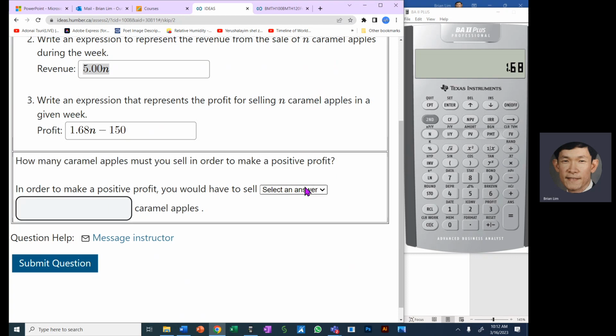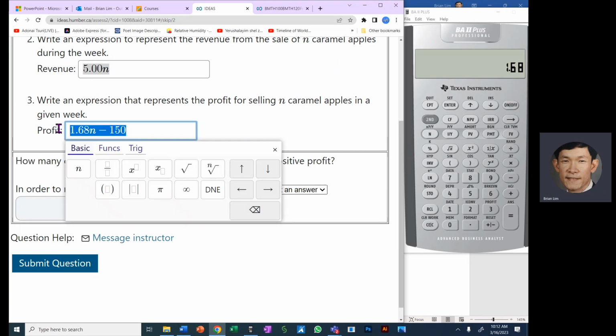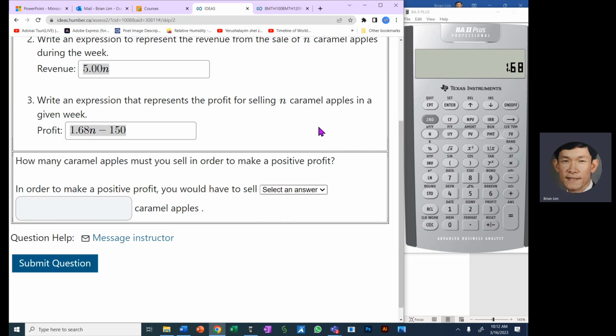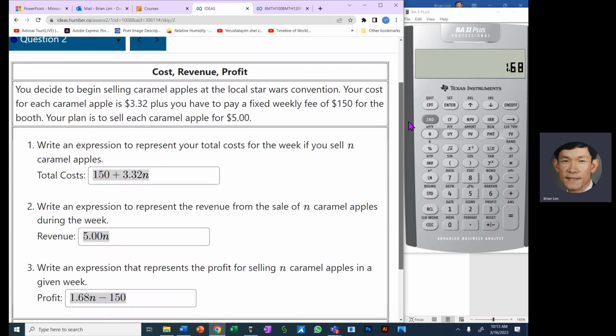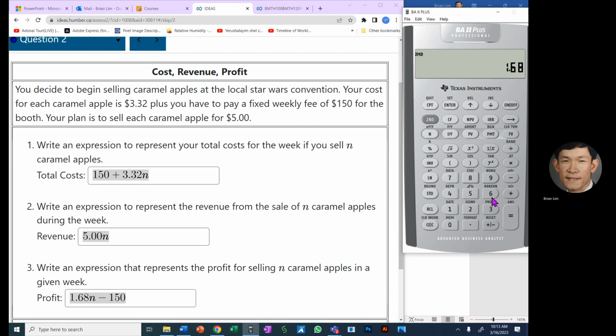So let's calculate the break even. We can take this number and try to solve it, or we can use our calculator and solve for the break even. If we use our calculator, we just go to second, 6, and there we are.